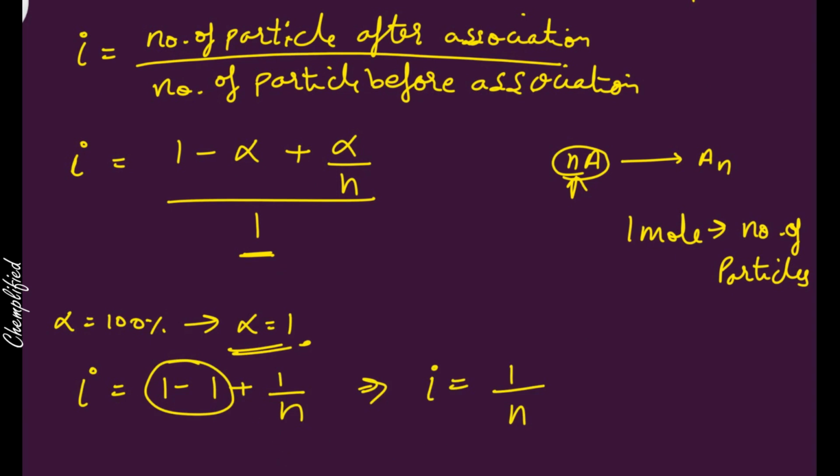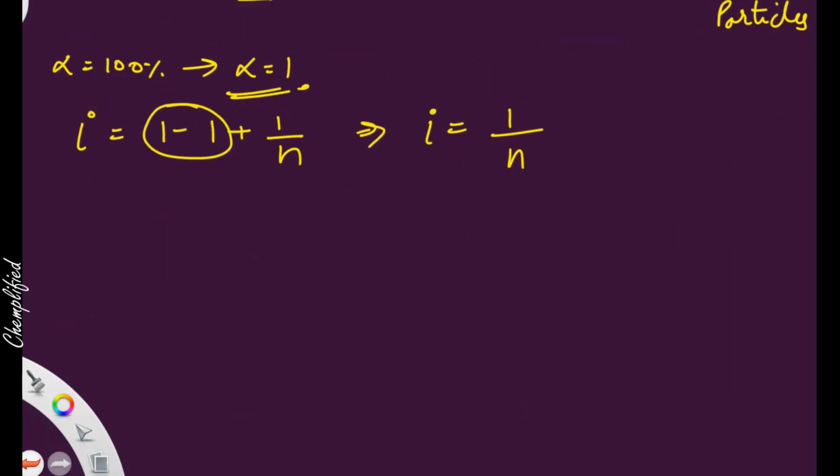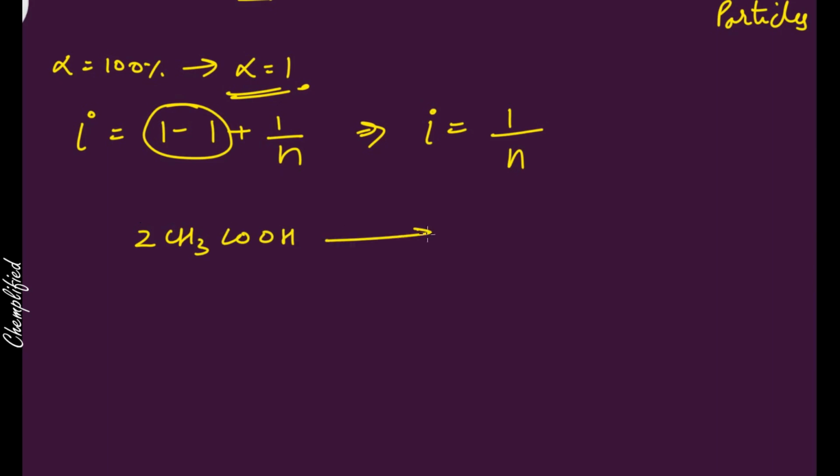Right? You can consider another example. Let me move the screen first. Let us consider an example of CH3COOH. 2CH3COOH gives (CH3COOH)2.